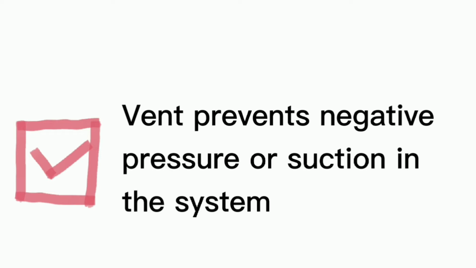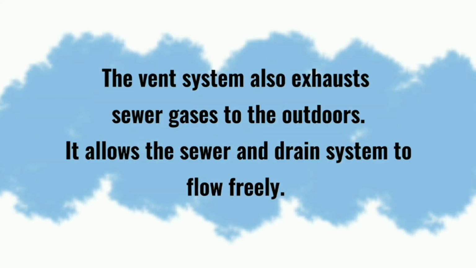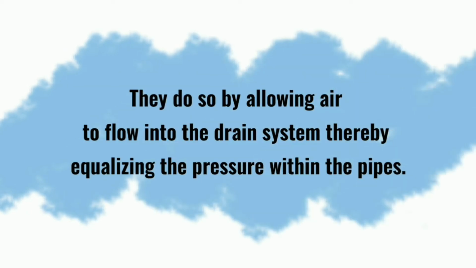Dahil kapag nagkaroon ng suction, it could suck water from fixture traps and i-allow nito ang sewer gases na mag-infiltrate sa building. The vent system also exhausts sewer gases to the outdoors. It allows the sewer and drain system to flow freely. They do so by allowing air to flow into the drain system, thereby equalizing the pressure within the pipes.